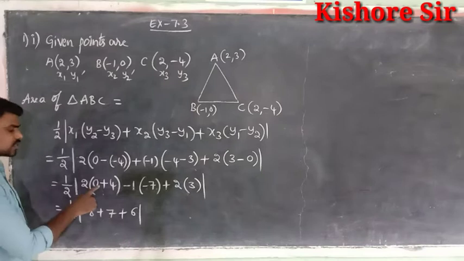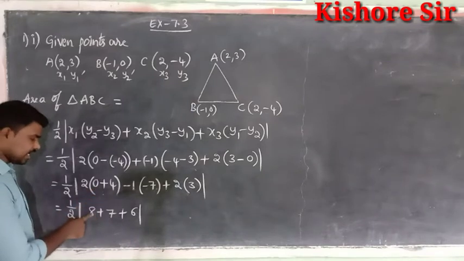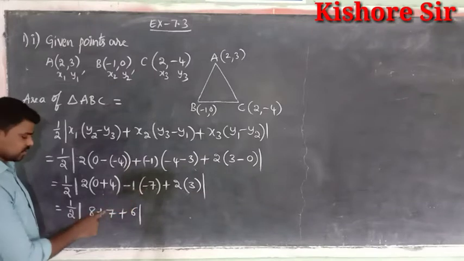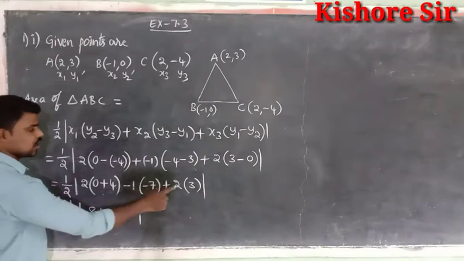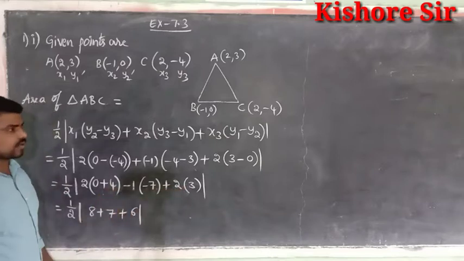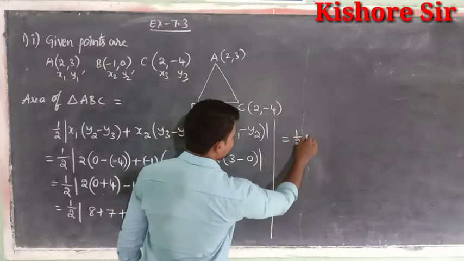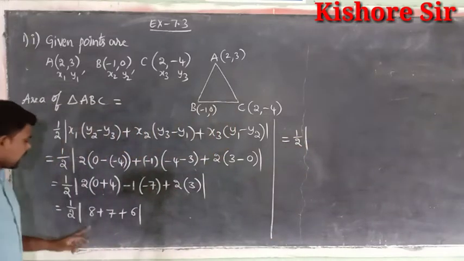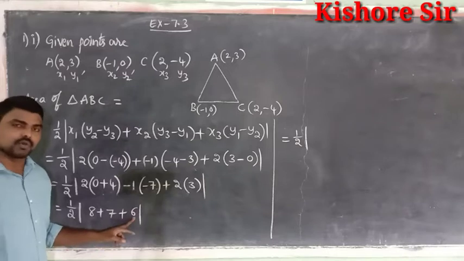So that is equal to 1 by 2 modulus 8 plus 7 is 15, plus 6 is 21.